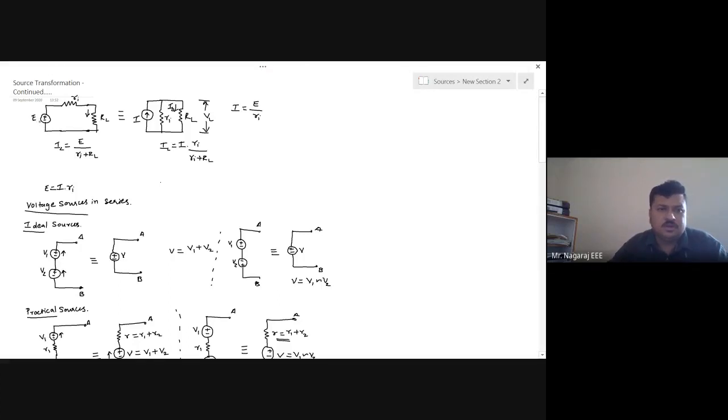Now here, E is the source value, Ri is the internal resistance of the source. Now this is converted into a current source. Now what is the value of current I? I is equal to E divided by Ri. The source voltage divided by series resistance. This we proved in the later stage, but this is how the transformation is done.